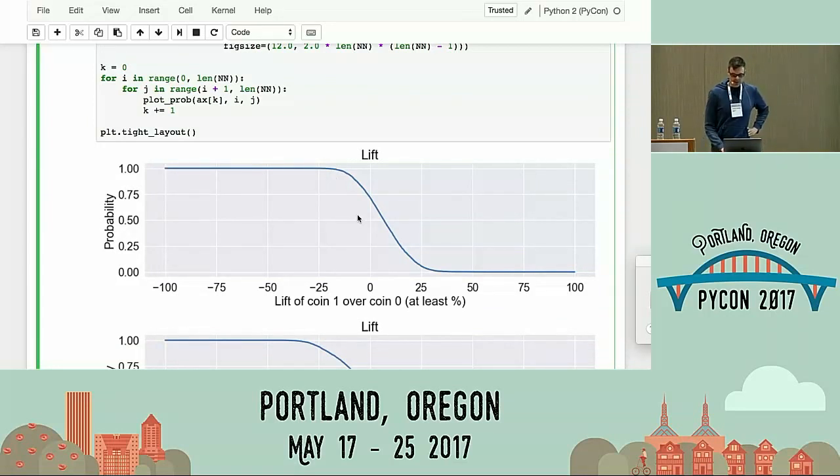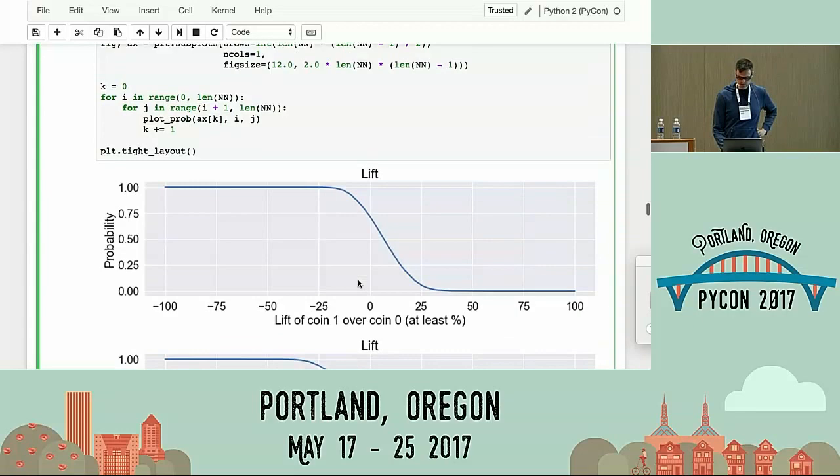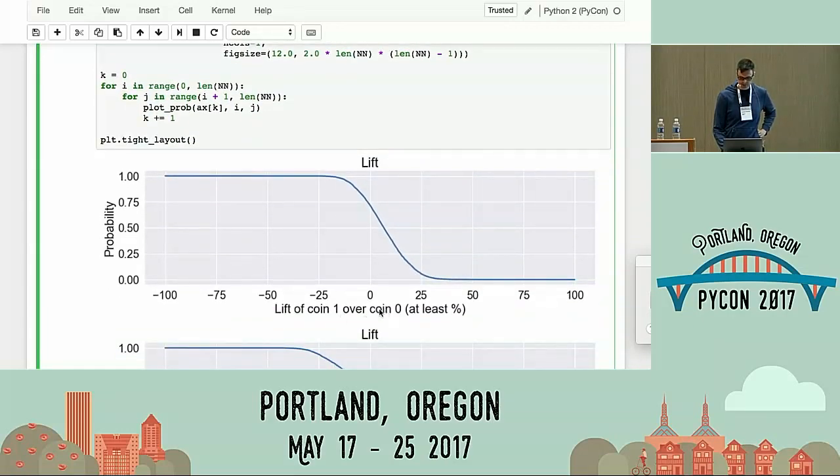So can I say that coin 1, the green coin, is now better than coin number 0? If you just ask this question, is it at least as good, if not better than, then you have to go here in this graph and look at 0. To get an answer in terms of probability, this chart tells you that with 75% probability, you can say that coin 1 is at least as good, if not better than coin 0.